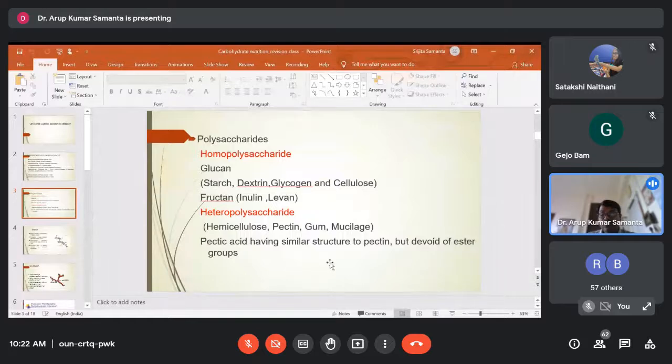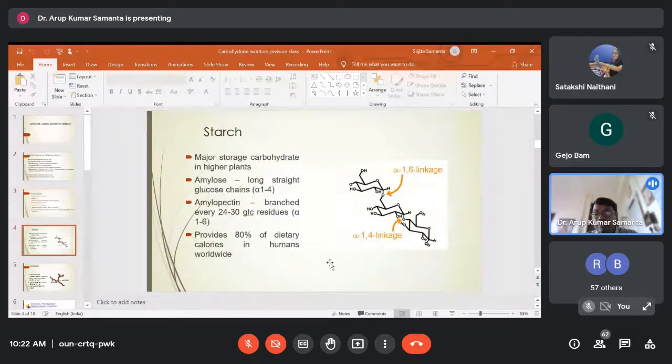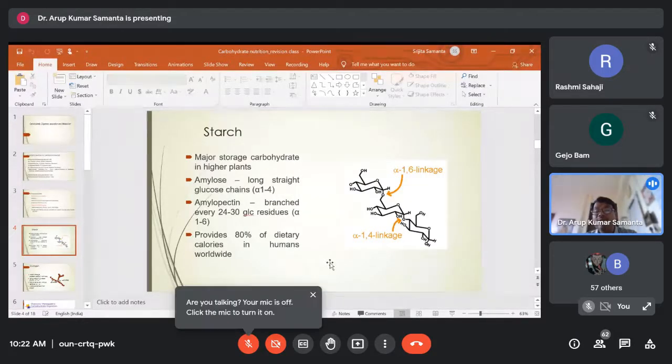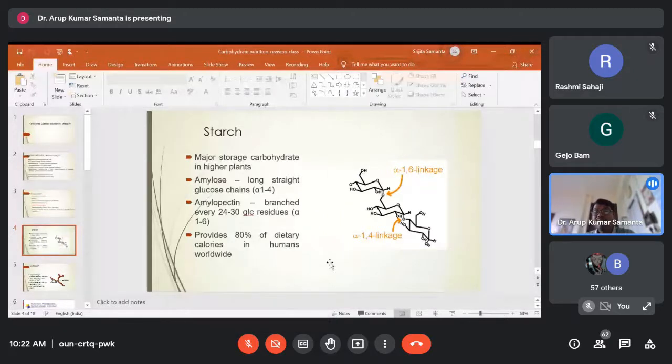Starch, as I have told, differs in amylose and amylopectin. In amylose there is an alpha 1,4 glycosidic linkage. For amylopectin, the difference is that there is a branch chain of alpha 1,6 linkage.